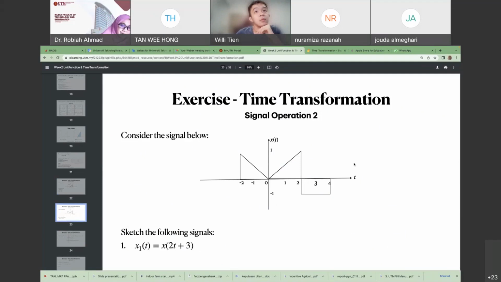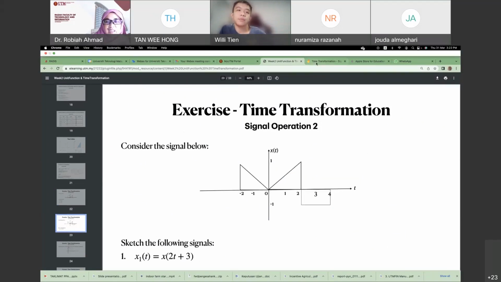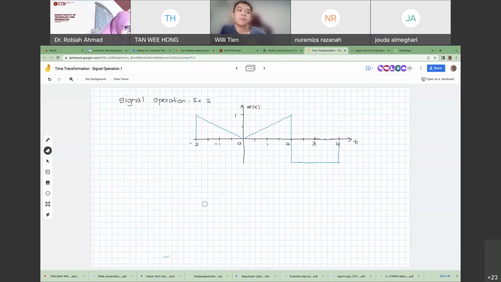Sketch X1(t) equal to X(2t plus 3). Okay, so there is scaling and then there is shift.